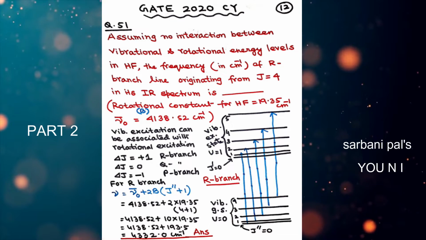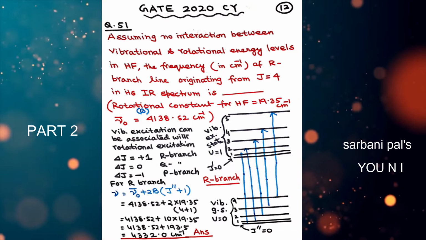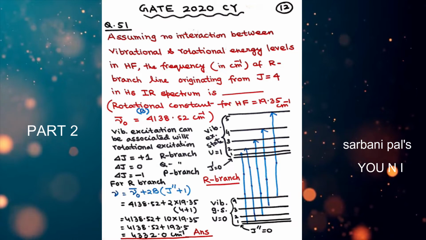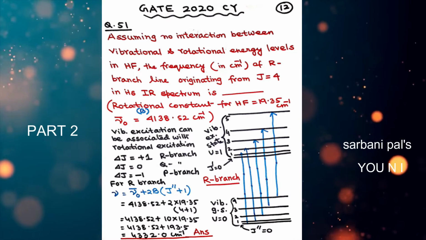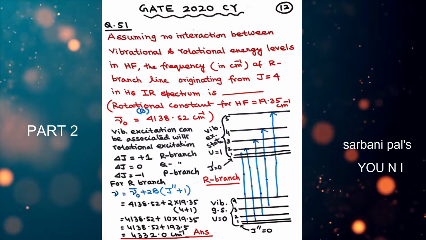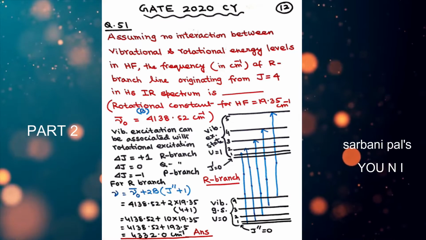Additional information given to solve this problem is rotational constant, or B for HF, is equal to 19.35 centimeter inverse, and nu bar naught is equal to 4138.52 centimeter inverse.